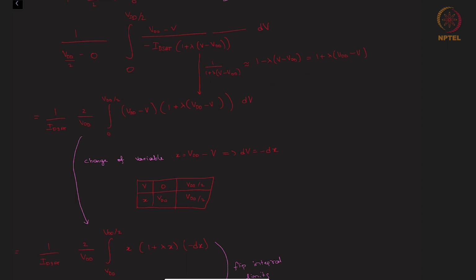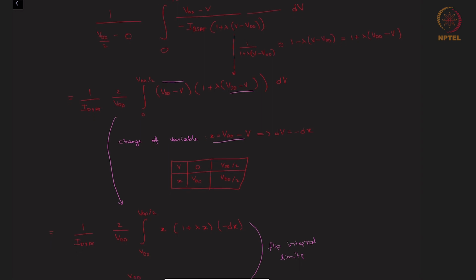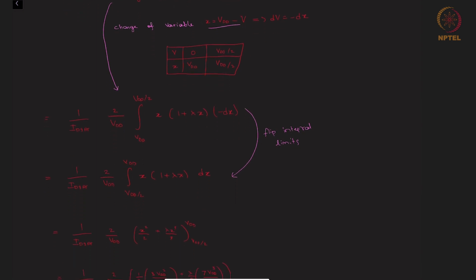Then after that we just substitute that into the equation, and this is a common variable, VDD minus V, so we can just do a change of variable: X is equal to VDD minus V. I just scroll through the remaining integration steps.